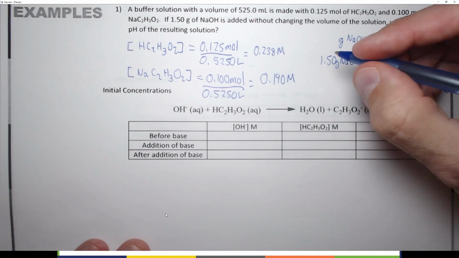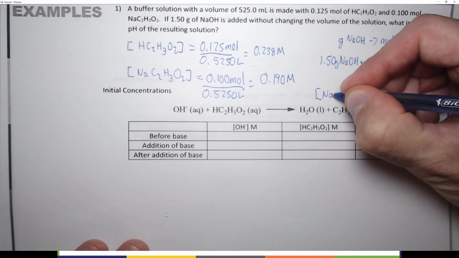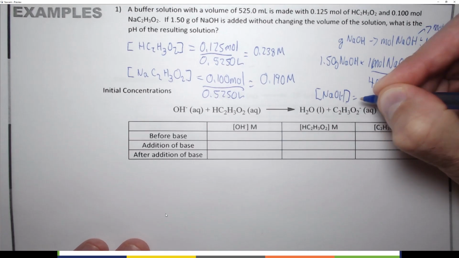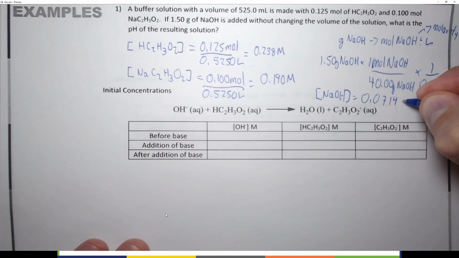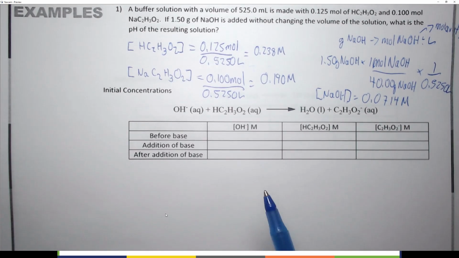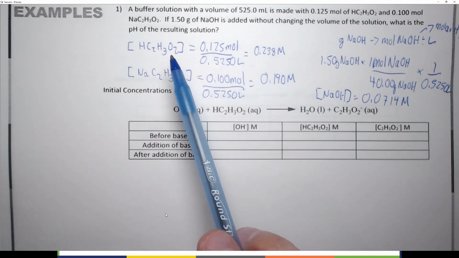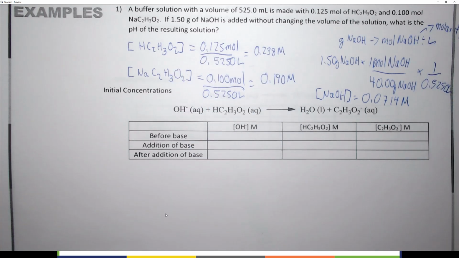And I find that the concentration of NaOH is equal to 0.0714 molar.